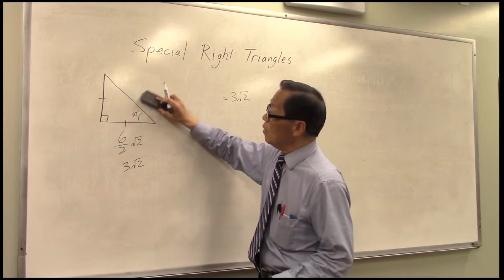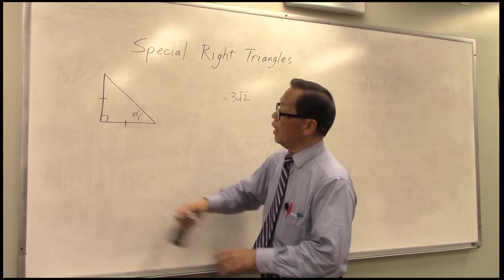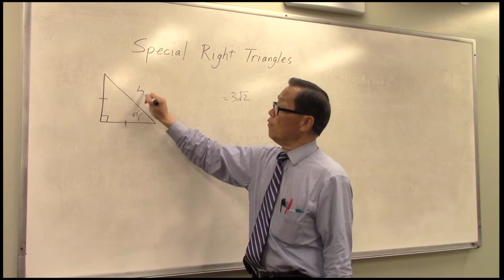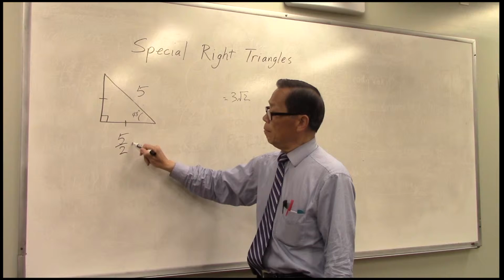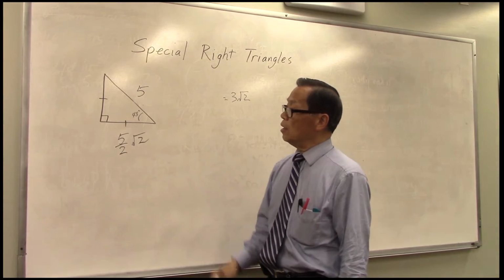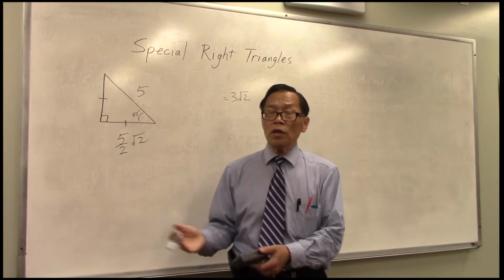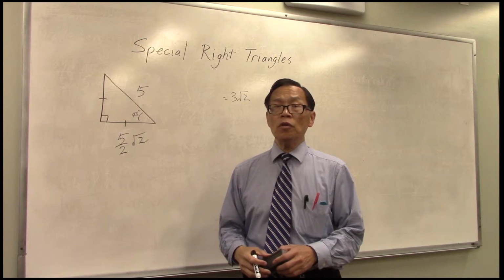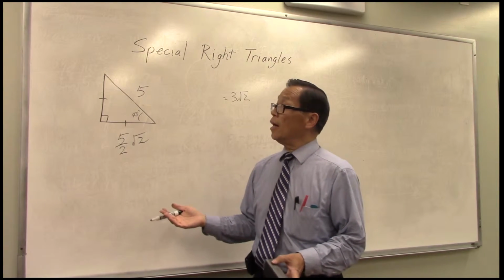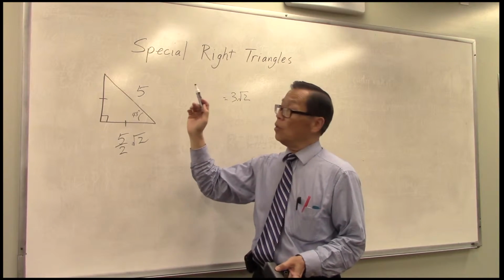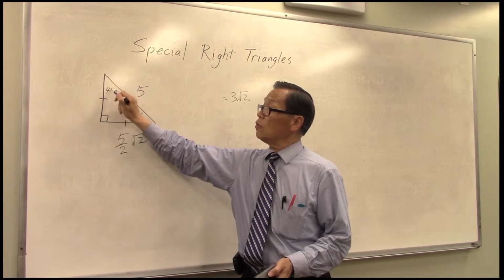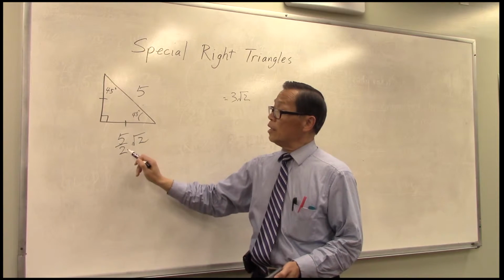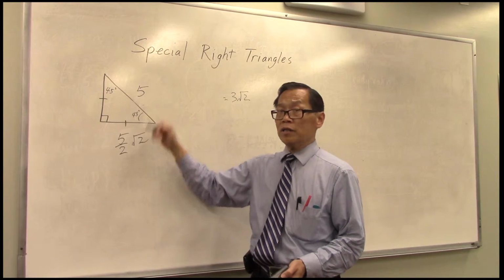Whatever number you give me, even a 5, then I'm going to divide it by 2 and then multiply by radical 2. There's really no work that needs to be shown, because basically that's why it's called special. When you have this kind of triangle, special right triangle, it's always relative.